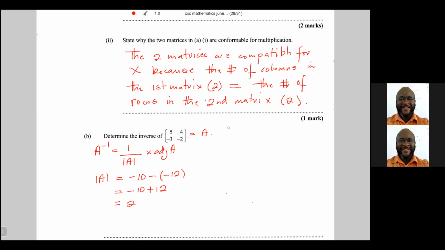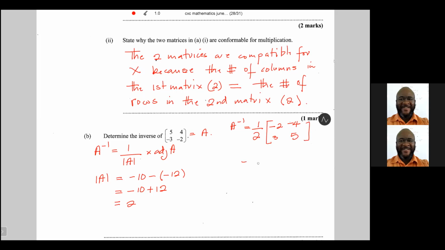So it means, therefore, that A inverse is 1 over 2 times adjoint A. Now for adjoint A, the leading diagonal elements, 5 and minus 2, switch around. So this is minus 2, 5. The other two elements stay where they are, but their signs change. This to minus 4, and this to positive 3.